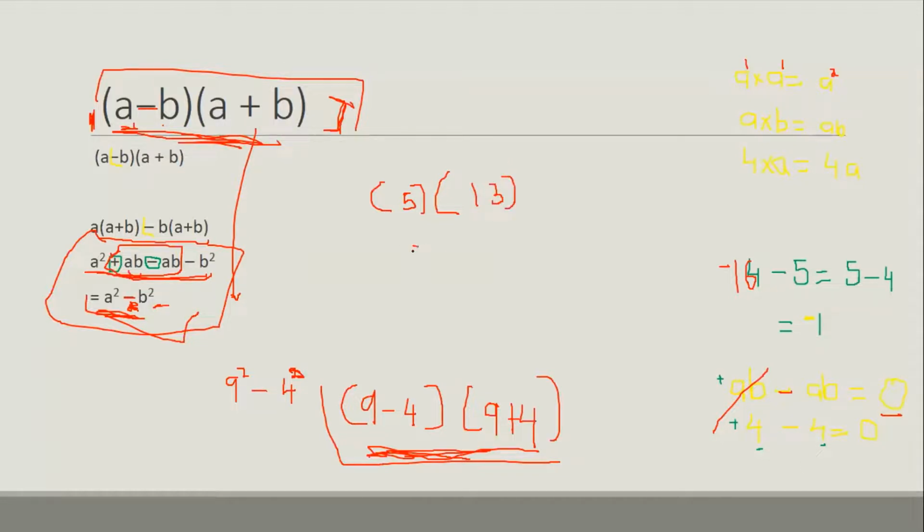So this is the same as saying 5 times 13, because brackets means you multiply. So 5 times 13, this is 15, you get 65.